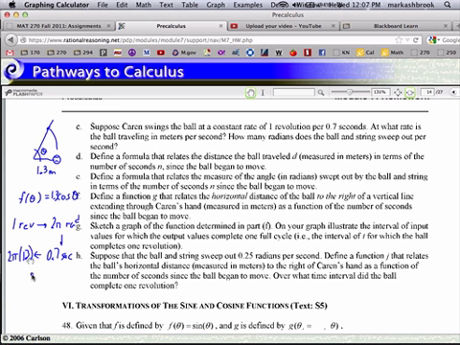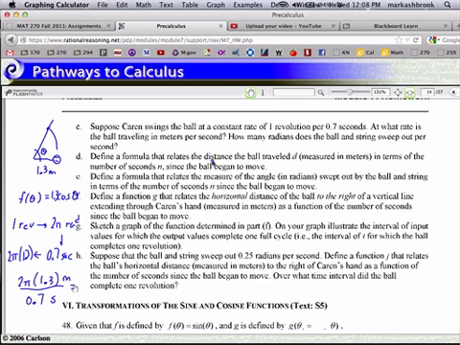That would be meters. And so this number of meters corresponds to this number of seconds, and that's how we can get meters per second, whatever that turns out to be. That would be the speed, meters around the arc per second. Okay?